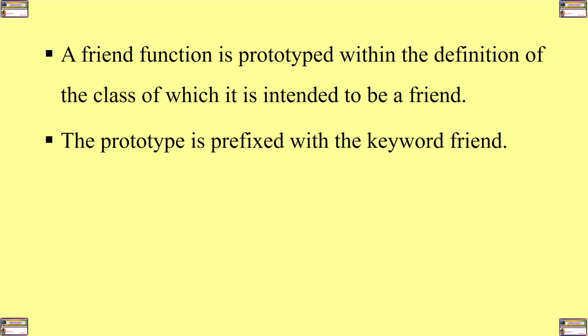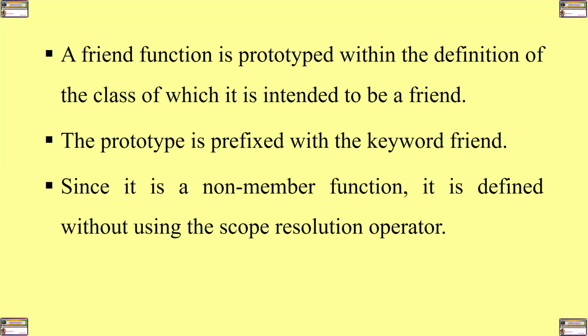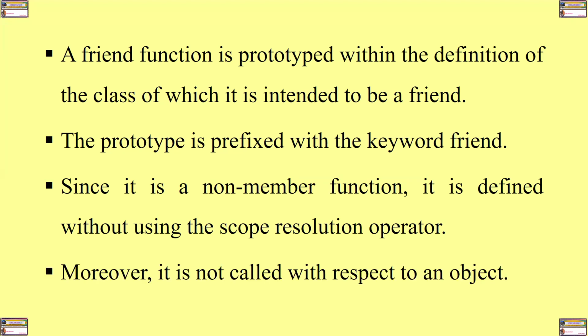So in the same way we use the keyword friend for classes in tutorial part 27 of the series, we use the same word friend when you're dealing with friend functions. Since a friend function is a non-member function, it is defined without using the scope resolution operator. Moreover, it is not called with respect to an object.